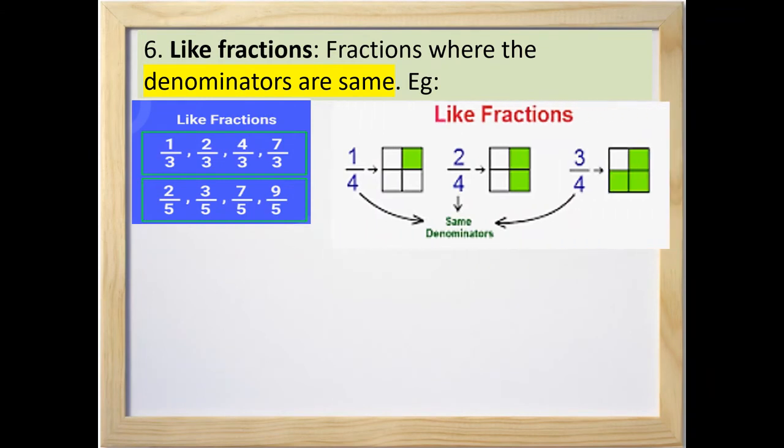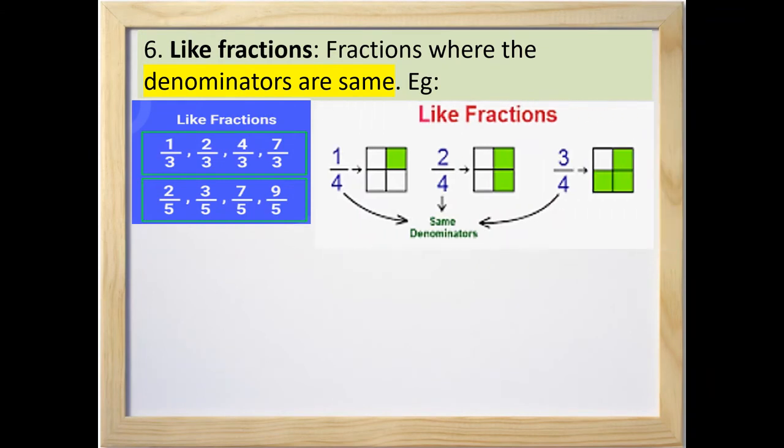Let us take another example here in a diagrammatic way. So here this is representing 1 by 4. That is one part of the four equal parts is shaded. Again we have another four equal parts where two parts are shaded, and another diagram where three parts out of four equal parts are shaded.